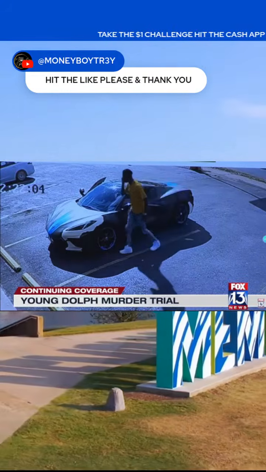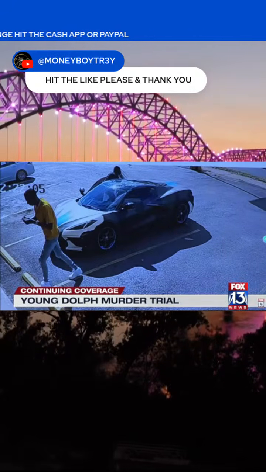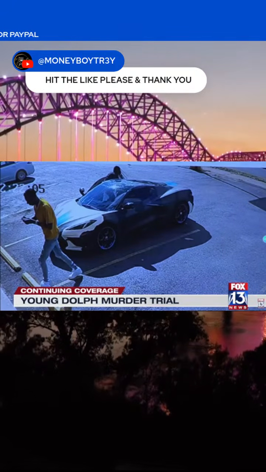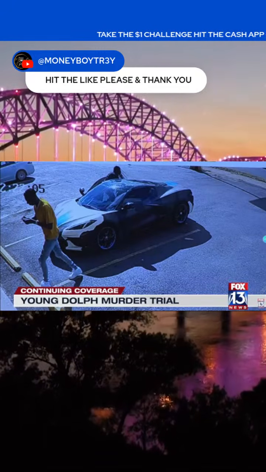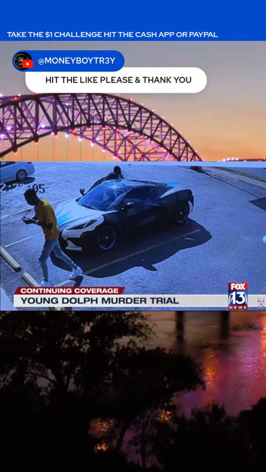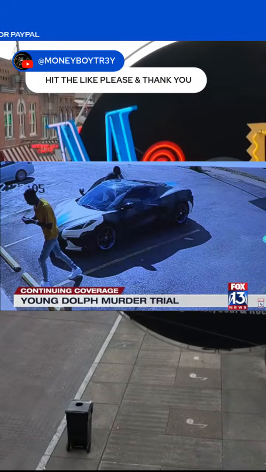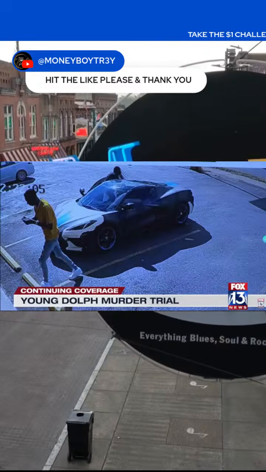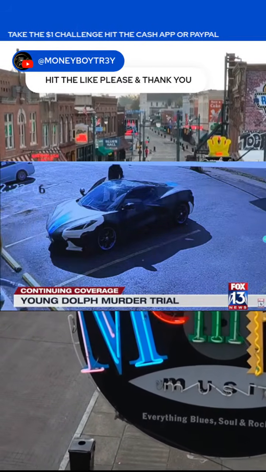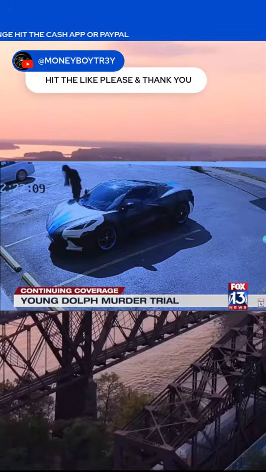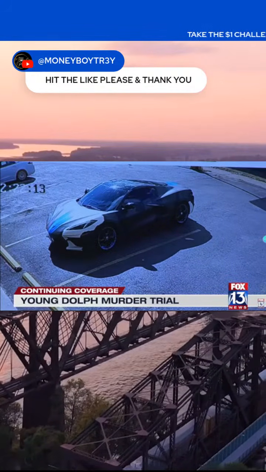We can pause the video right here. Mr. Hopkins, do you recognize the individual in the video? Yes, ma'am. And who is the person in the video? That's Young Dolph. We see a second individual coming out of the vehicle. Who is that? That's his brother Marcus.